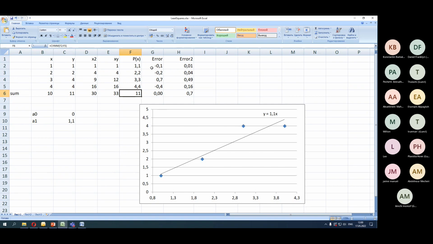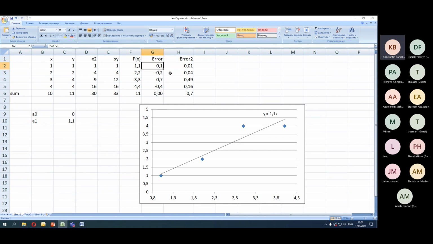Moreover, if we compute the error, meaning the difference between the real value and the approximation. What is the error at the first point? Real value minus approximation, minus 1.1. We consider here the error, not the absolute value.